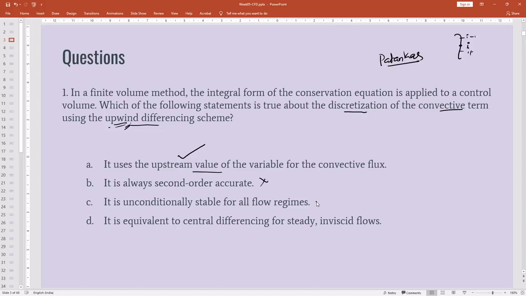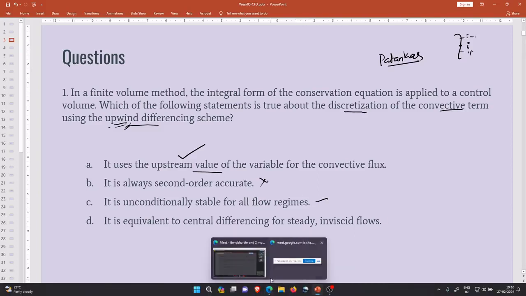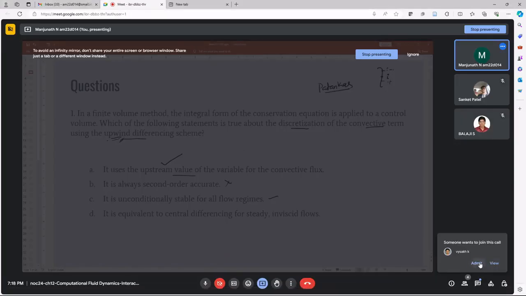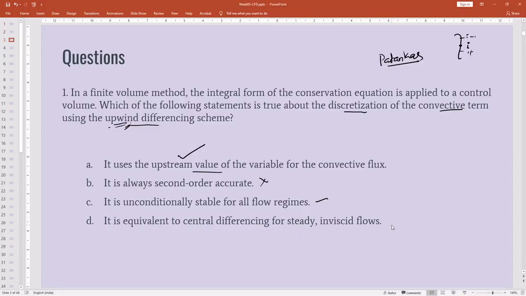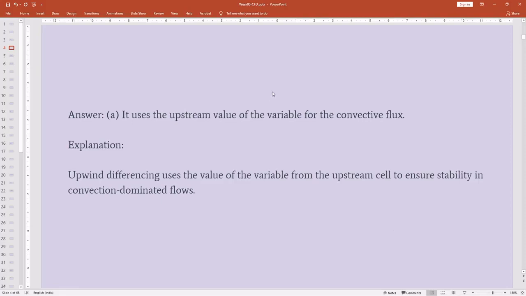It is not unconditionally stable, it is conditionally stable, and it is not central differencing, because the upwind scheme is similar to our forward and backward schemes. Our answer is option A: it uses the upstream value of the variable for the convective flux.